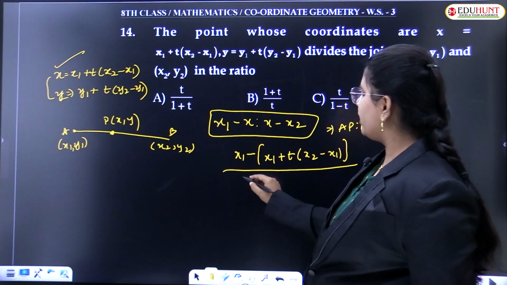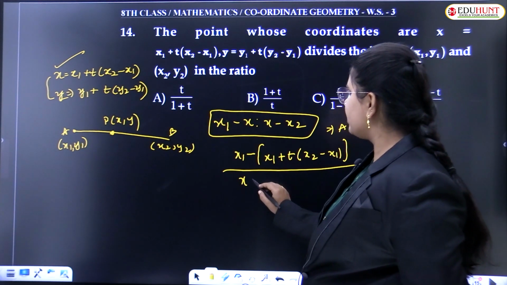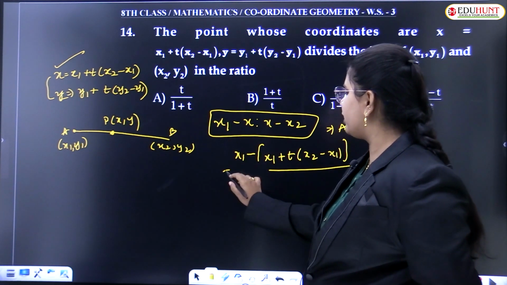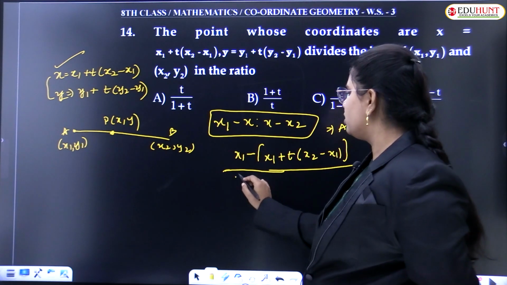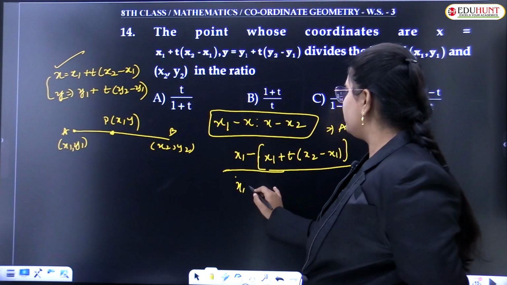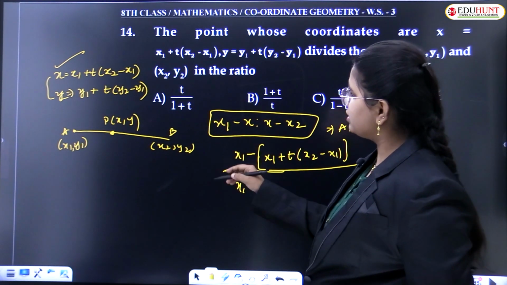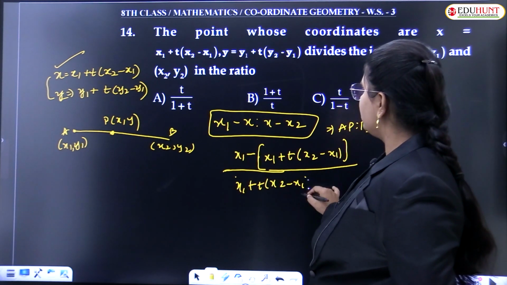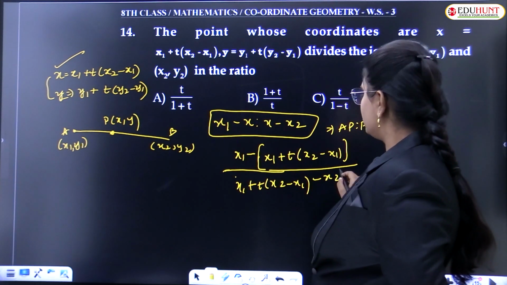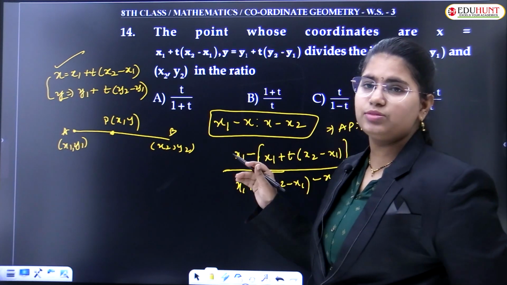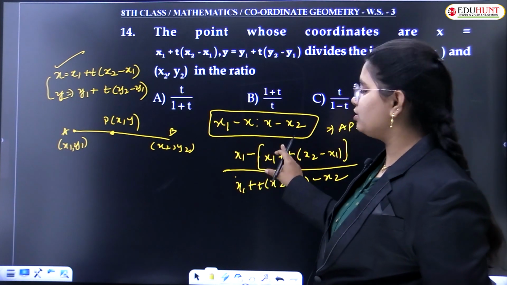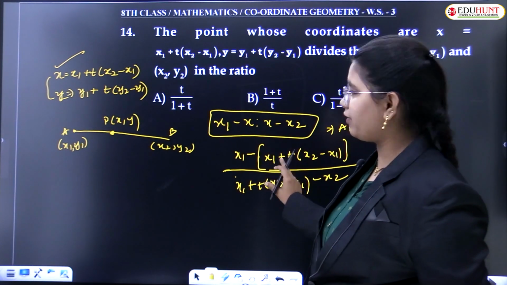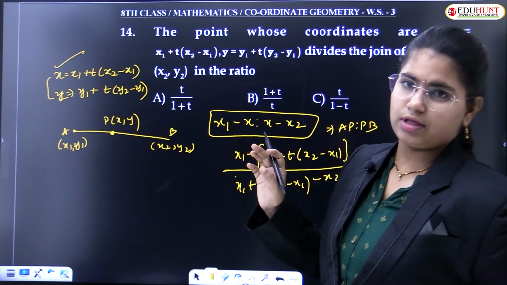What is x minus x2? Just apply: x1 plus t into (x2 minus x1) minus x2. I am just substituting the values of x from the question. Can you see?